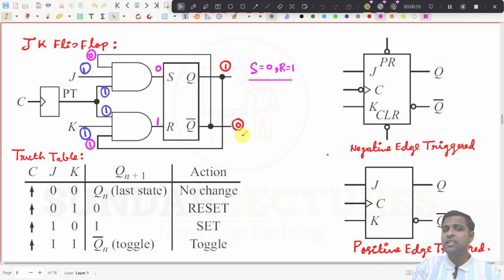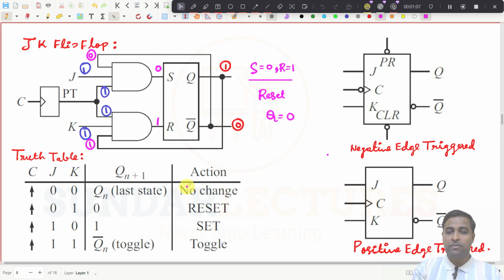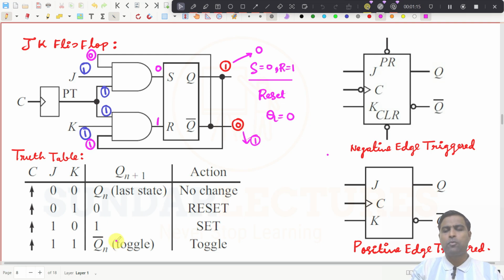And what is this condition in SR flip flop? It is a reset condition. So if the reset condition is there, what should be the Q value? Obviously it becomes 0. So this one will go into 0. Then this automatically should become 1, and we know that we don't need to bother about this one.